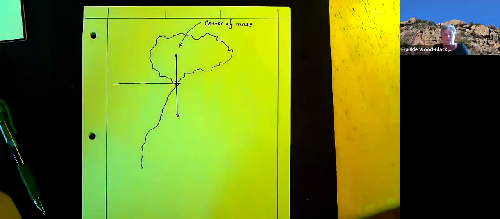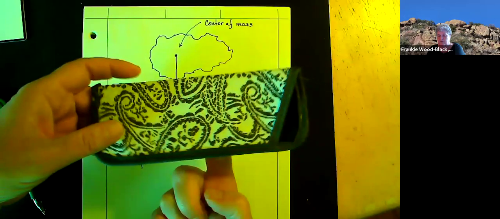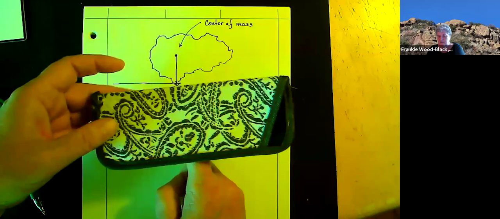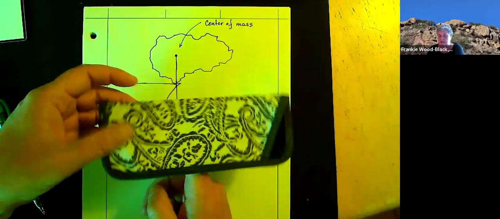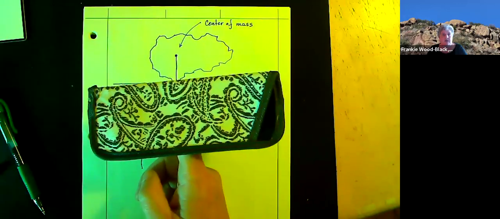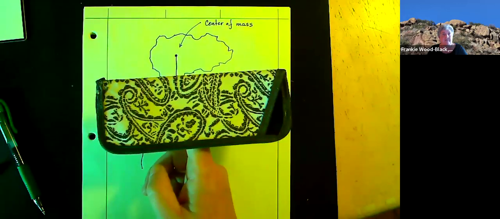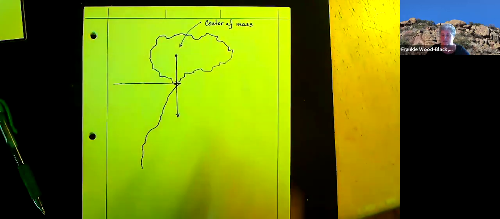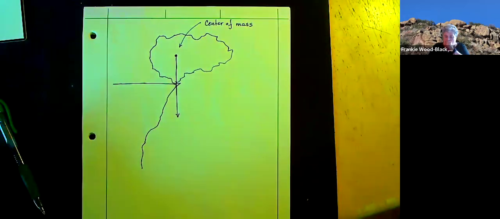I mean, I can balance it if I can put my finger underneath the center of mass of my object. Not doing a very good job here. But we can find that balance point for our objects. And as long as I've got my finger under the center of mass, my object's going to be stable. And so we can assume and play with these systems as if all the mass is acting in that spot.